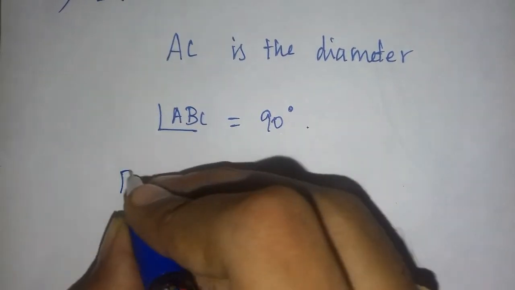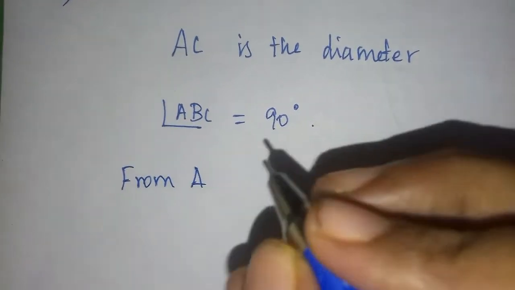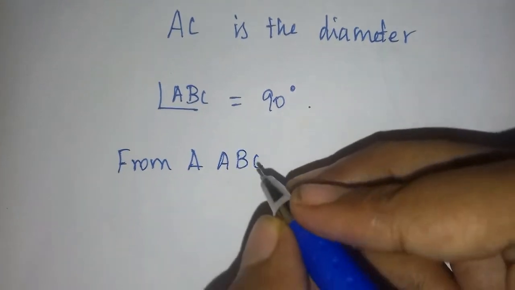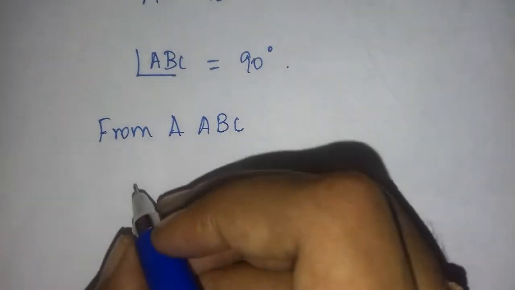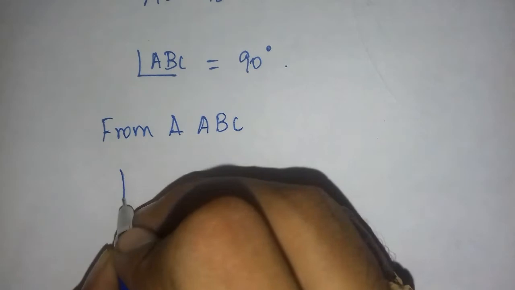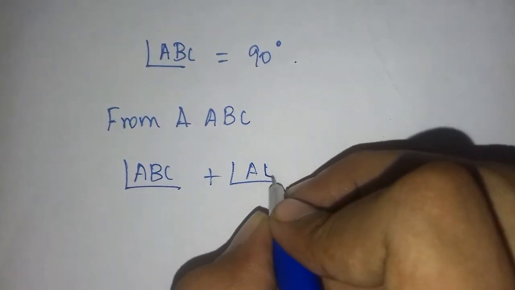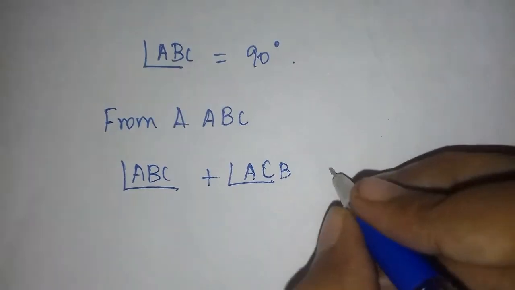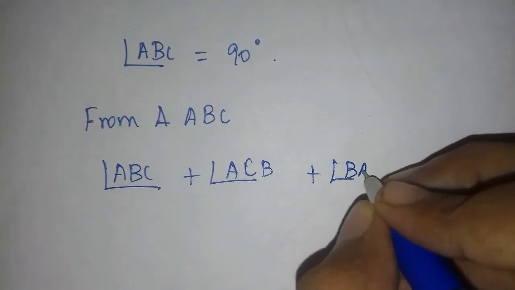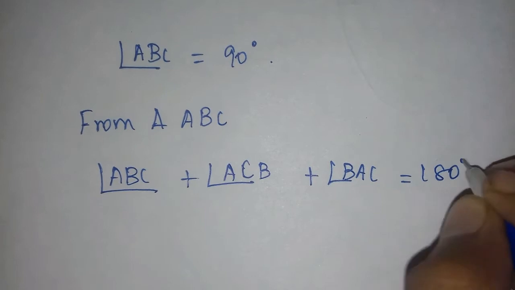Next, from triangle ABC, what are we going to do? The sum of the angles of a triangle is 180 degrees. So, angle ABC plus angle ACB plus angle BAC is equal to 180 degrees.